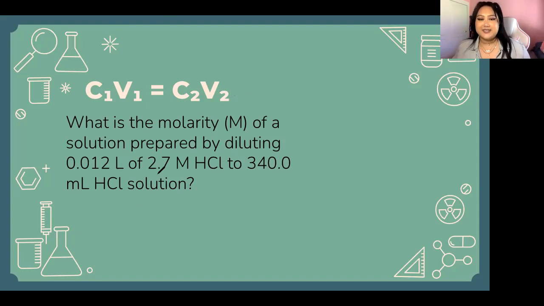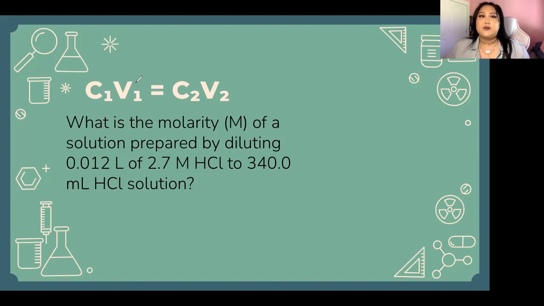Up to you guys, doesn't matter. Molarity is moles over liters, right? So we should be using liters, or what they gave us. Oh, but we would have to convert 340 milliliters.